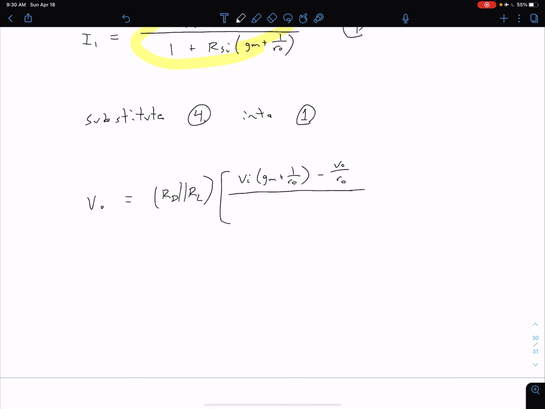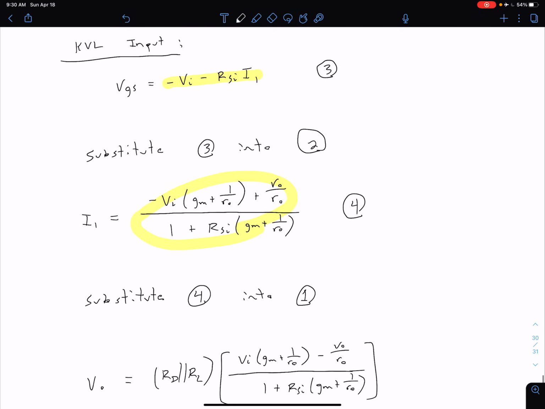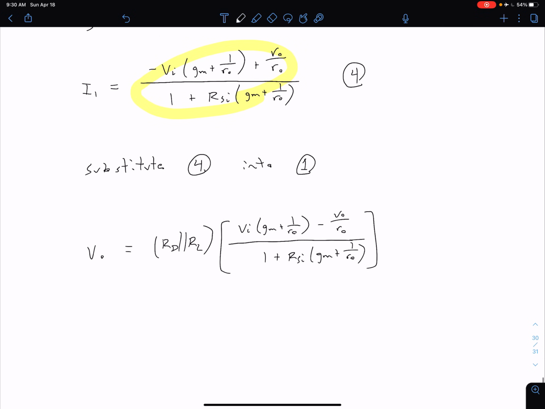And that is going to be divided by 1 plus RSI times our GM plus 1 over R naught. And so the reason I had to change that sign there is again, in this equation, we didn't necessarily have the negative sign out front of everything, but rather I factored out a negative so that this became positive and this became negative, and then we had the negative sign out front of everything. Again, if you have any questions about that, definitely let me know.